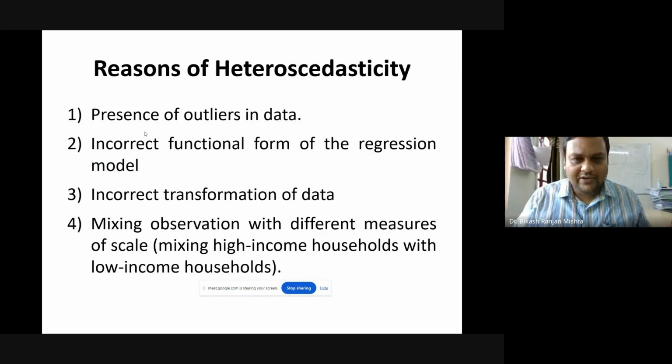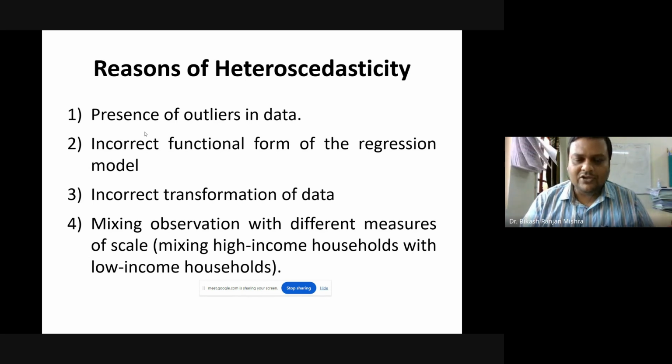Now moving to the heteroscedasticity part. Heteroscedasticity arises when the error term, if you arrange them and find its variance, is found to be constant or not constant. That means whether for each time period it is changing, or for each cross section it is changing, then accordingly there is a problem of heteroscedasticity.